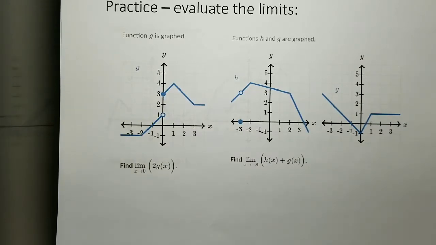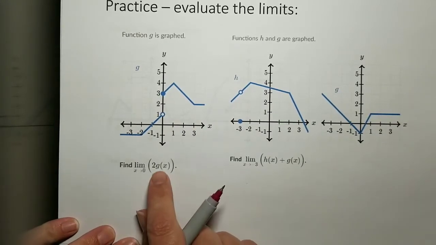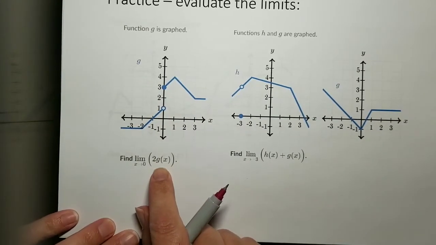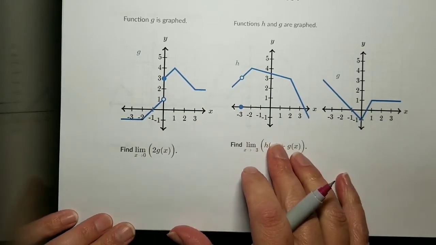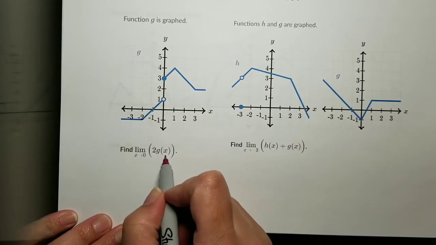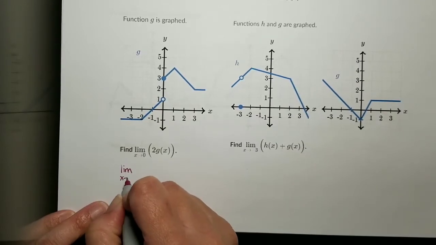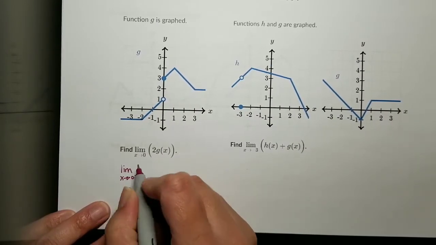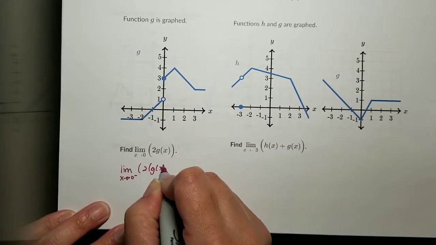And remember, for a limit to exist, we would have to have both the left side and the right side being equal. So if we look at 2 times the function g at x, remember that would be a vertical stretch by 2. The limit as x approaches 0 from the left of 2 times g at x.